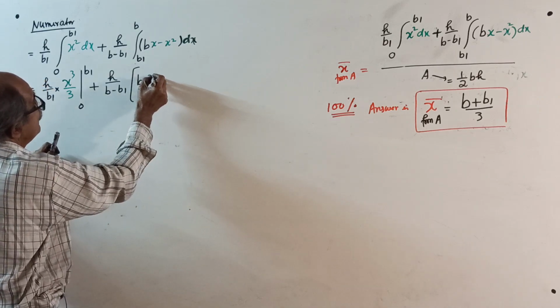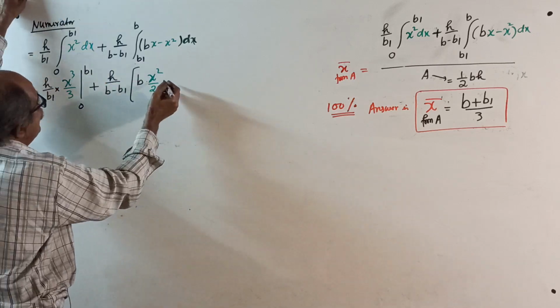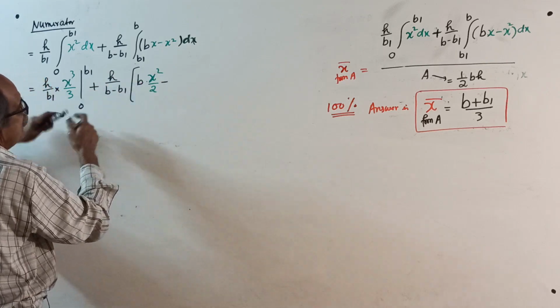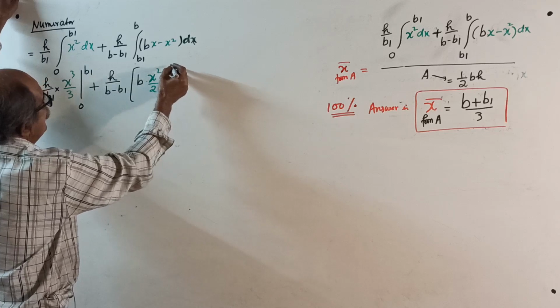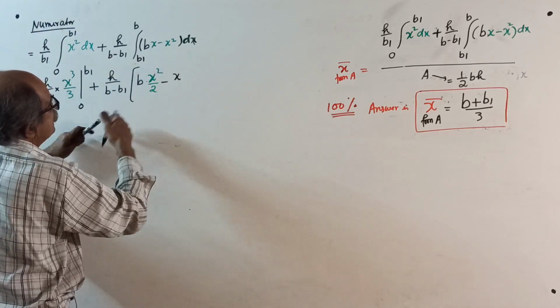These all I can't explain. x square by 2, and then minus x square becomes x cube by 3.